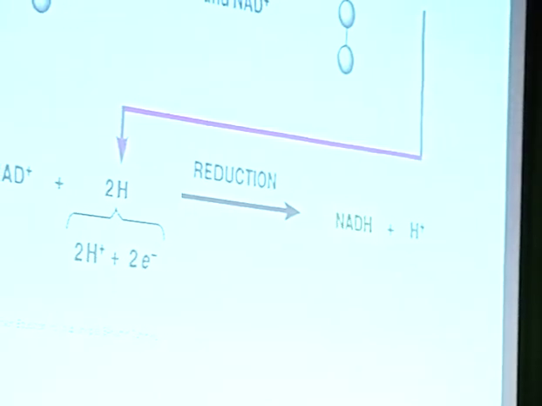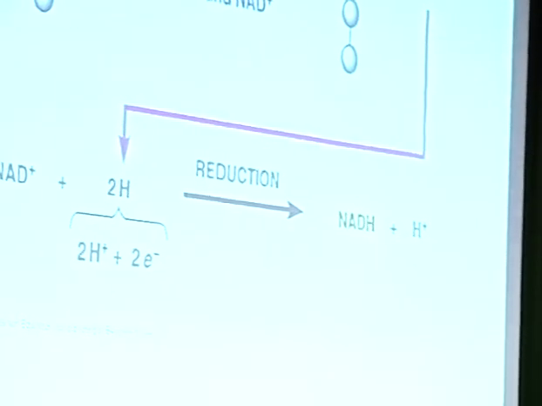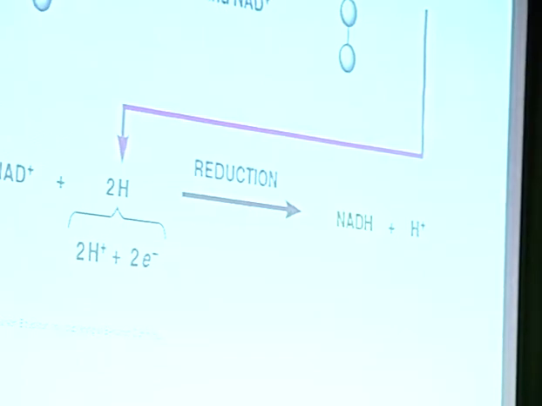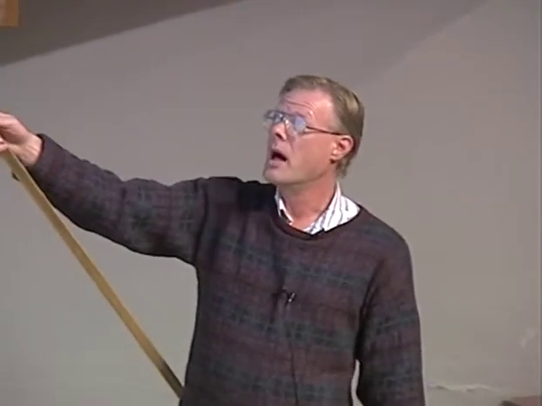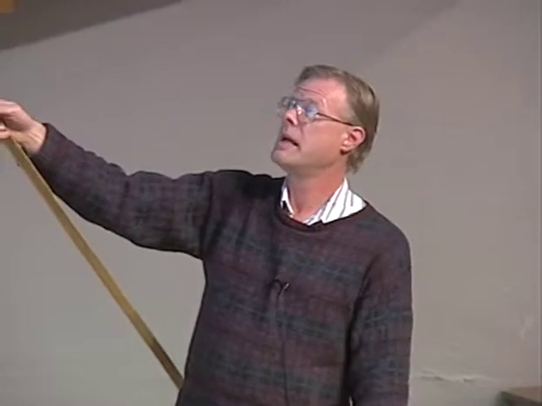Reduction is the addition of electrons. So oxidation is removal of electrons, reduction is addition of electrons. That generates a molecule that you will become painfully familiar with, NADH. It's the reduced form of NAD. It's a carrier of high-energy electrons.